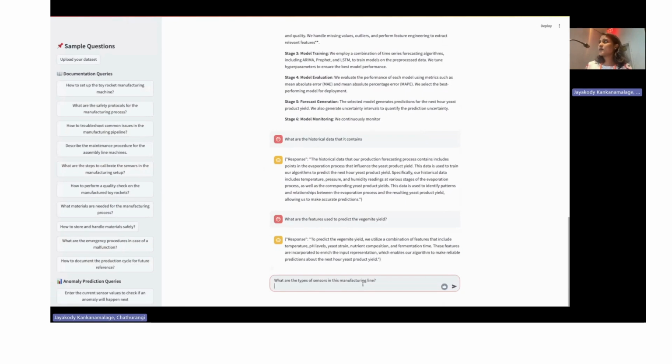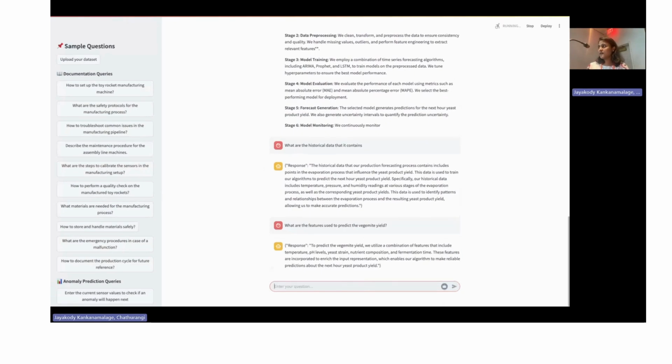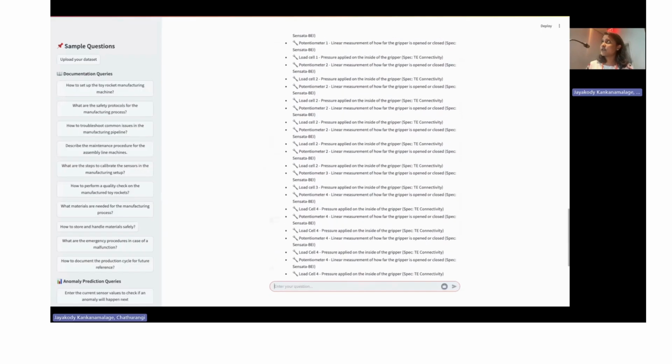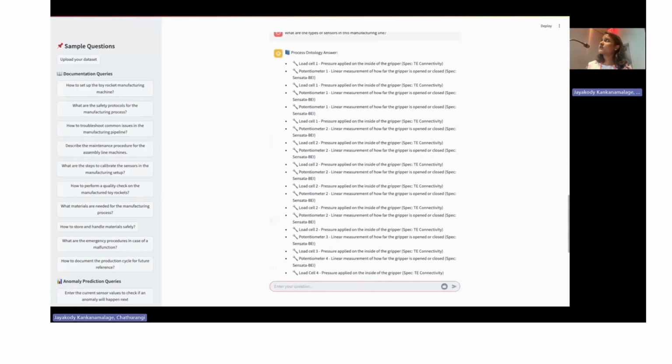So I'm asking what are the types of sensors in this manufacturing line, and it gave me a whole bunch of details that includes the separate sensors and the functions and also the specification of these particular sensors. All these answers we got from the process ontology that we have designed, and that this particular SmartPilot is connected to.